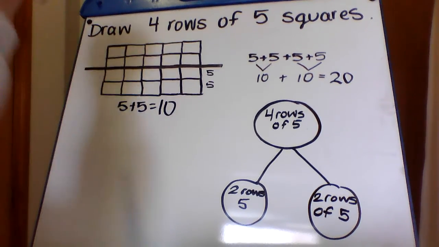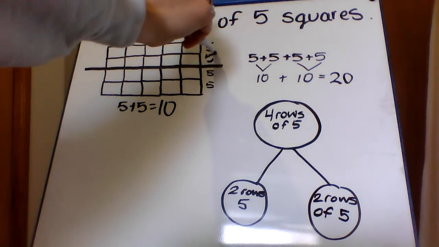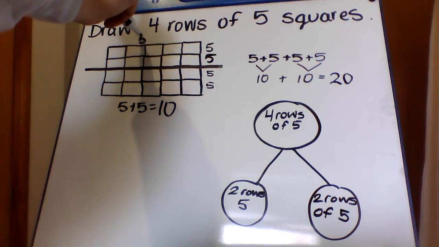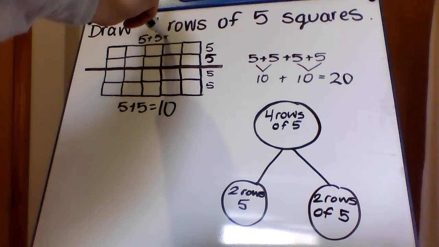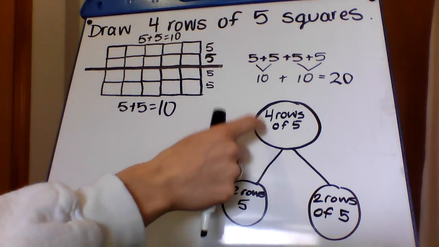And then this one on top would also be the same thing. There's 5 tiles here, 5 tiles here. And you would make your repeated addition sentence, 5 plus 5 equals 10. Okay? So you see how you can decompose these and it can break up into a smaller array? Then you can put them together to make a bigger array.